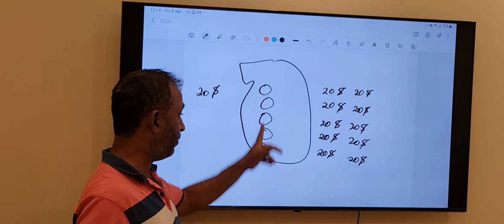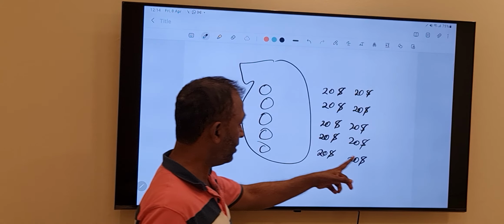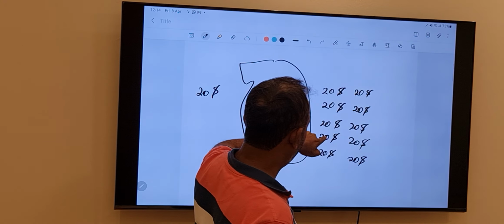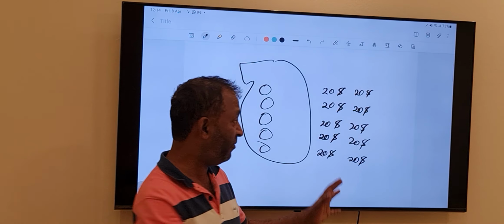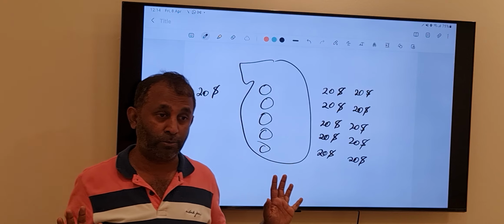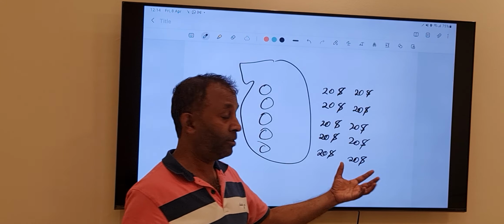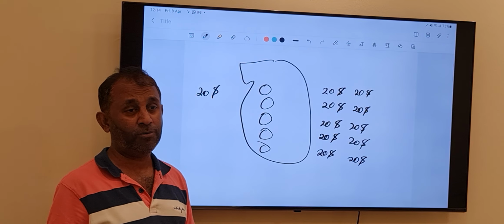But how many apples do we have? Only 5. So let's say this 200 is in 10 people's hands. Before it was only in 5 people's hands, $20, 5 apples, no problem. Now 10 people each have $20, but we have only 5 apples.